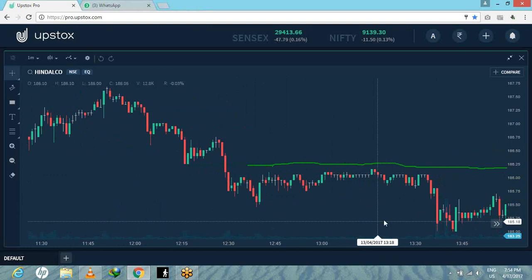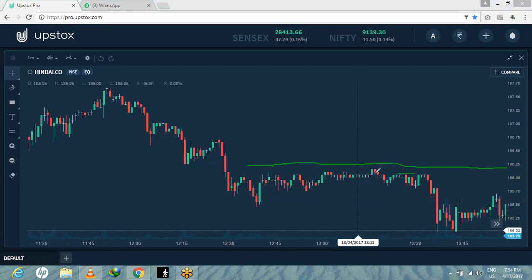And if you find these types of candles, where the market is moving sideways and I don't know whether it goes down or up, then what should you do? You should not do anything. Just put one buy price up here, one sell price here. It can go either this way or this way.